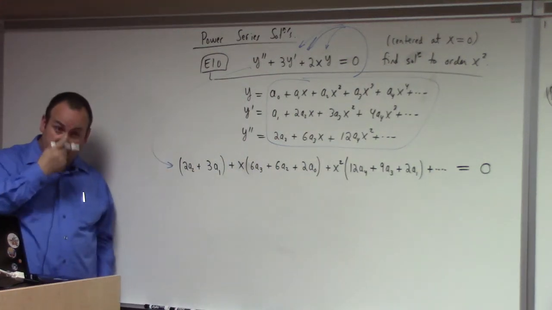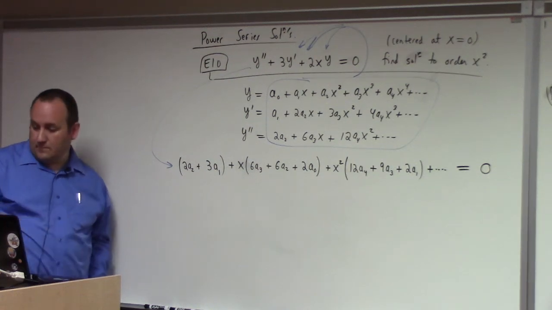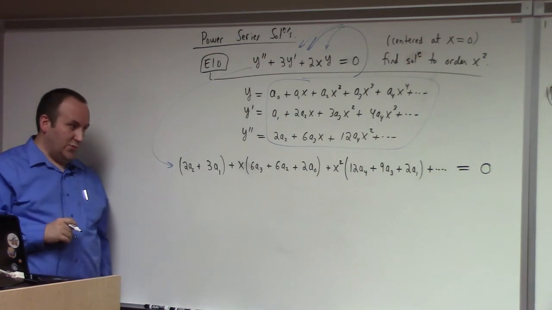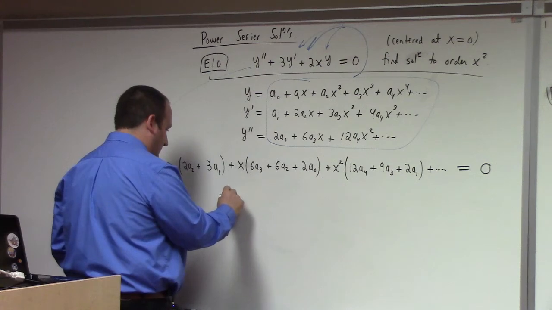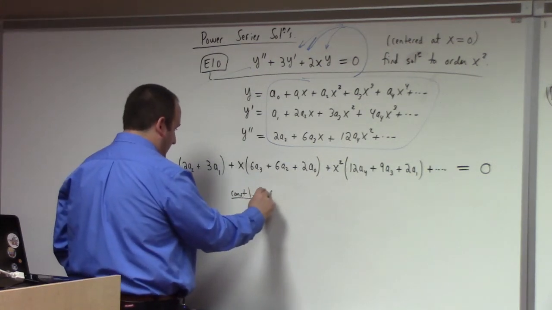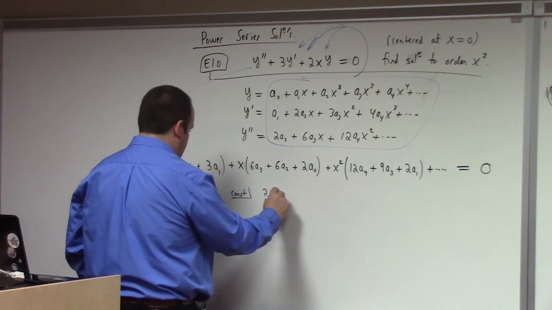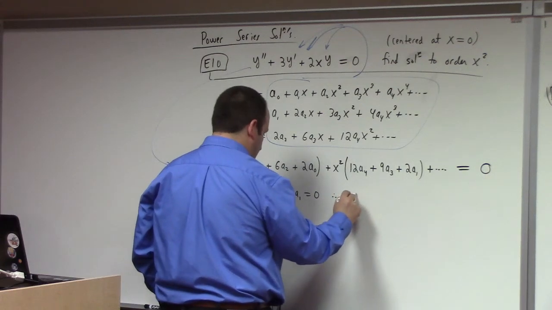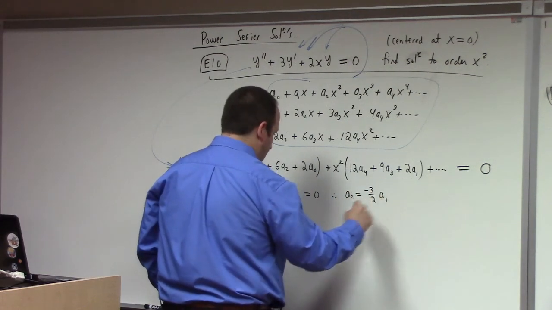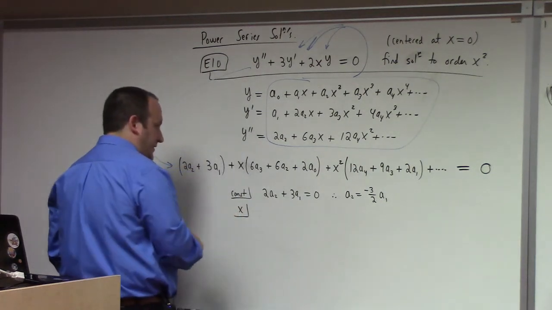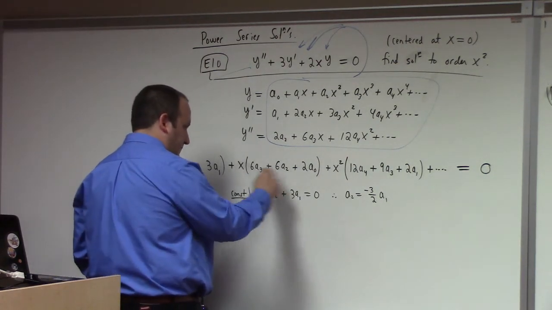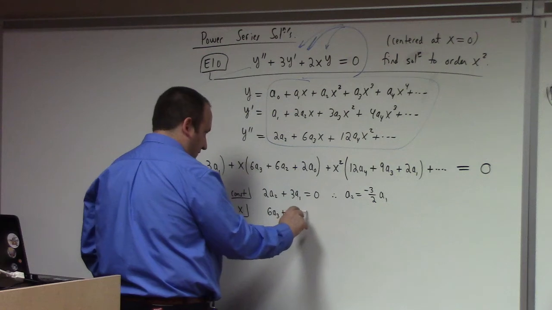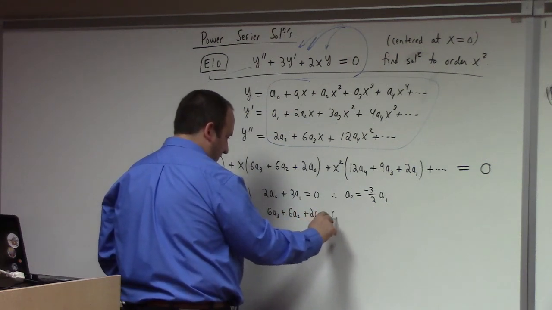So if this is going to be a solution, and the theory says it will be, all we have to do is figure out how these constants are related. From the constant terms, I get 2a2 plus 3a1 equal to 0. Therefore, a2 is equal to minus 3/2 a1. From the x terms, I get that 6a3 plus 6a2 plus 2a0 is equal to 0.